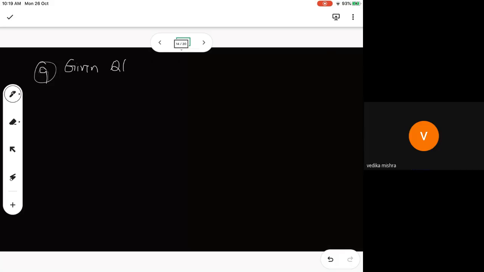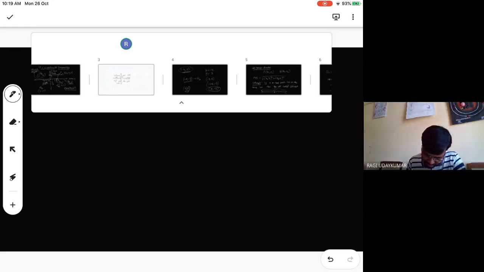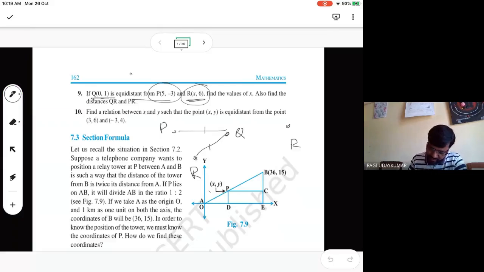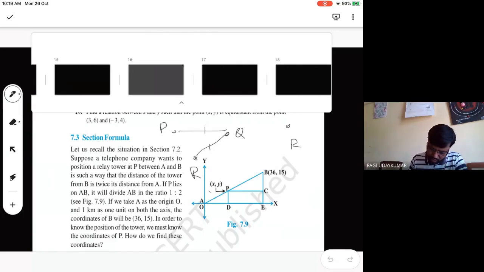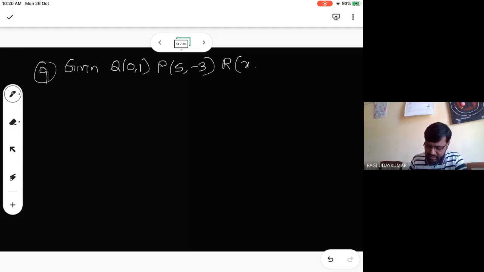Do you remember? It is (0, 1). So Q is (0, 1), P is (5, minus 3), and R is (x, 6).